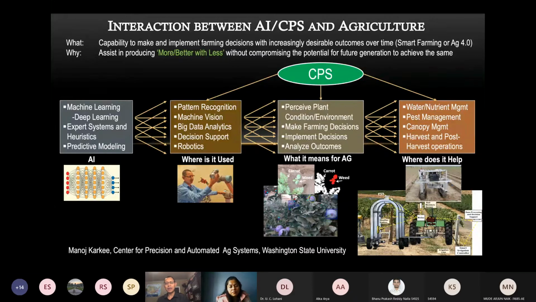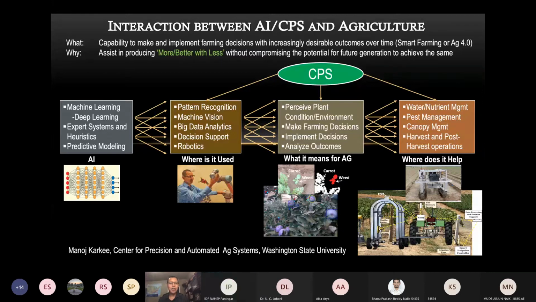For example, we can be more efficient with water and nitrogen management. We could be more efficient and effective and timely in identifying and monitoring and managing pests. Same thing with canopy management, harvest and post-harvest managements, and things like that.